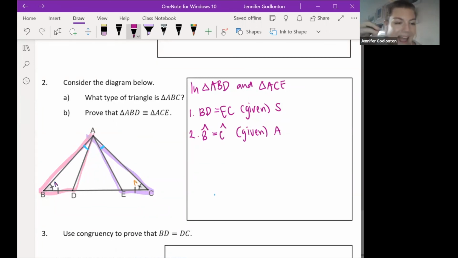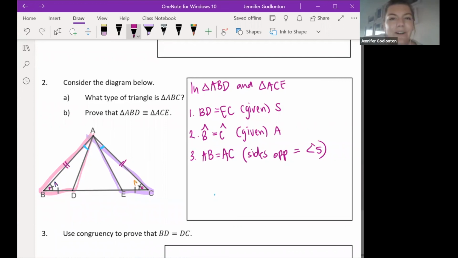And then what Rory-san just said, which was beautiful, is that AB is equal to AC because B is equal to C, and the reason for that is sides opposite equal angles.